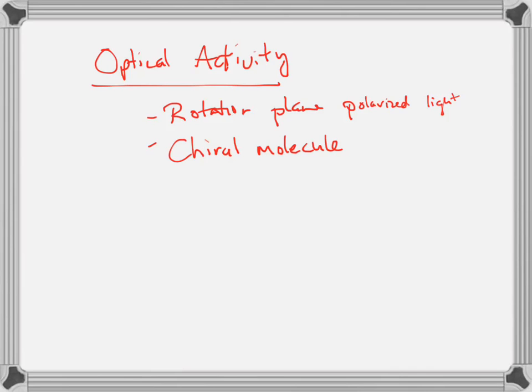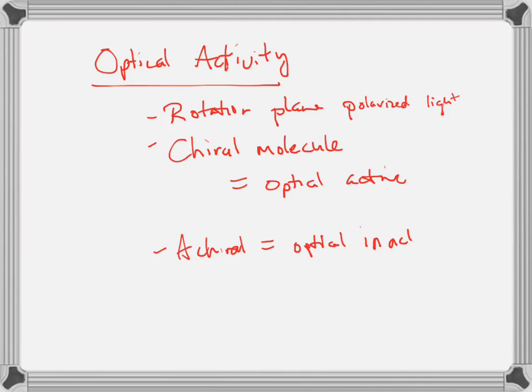If it has 2, it could also be meso. And if it's meso, it's optically inactive. It's an achiral molecule. So chiral equals optically active, and achiral equals optically inactive.